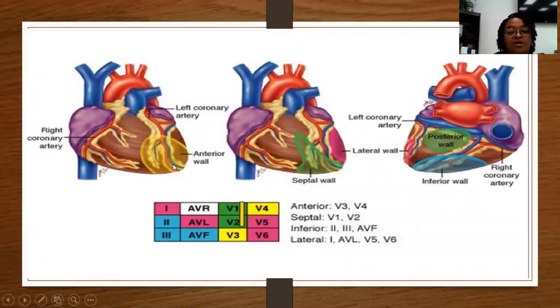Okay, here's another visual of the walls of the left ventricle. Here you see your anterior wall, your lateral wall, inferior wall, and then the opposite side for your posterior wall.